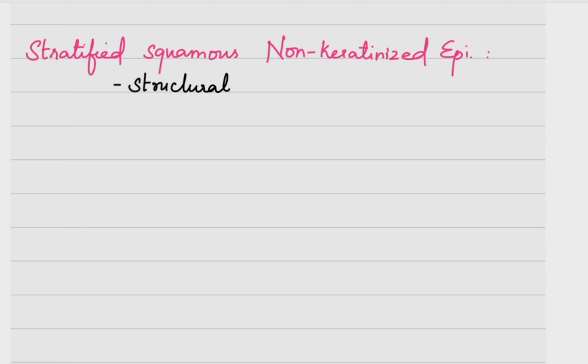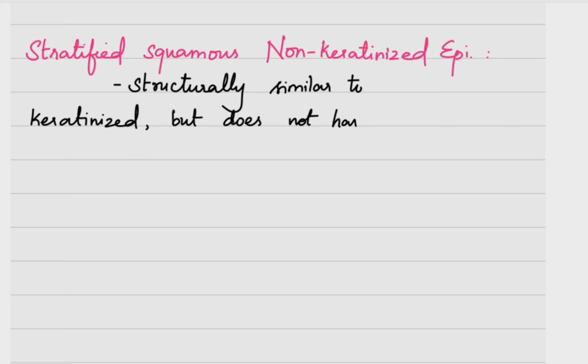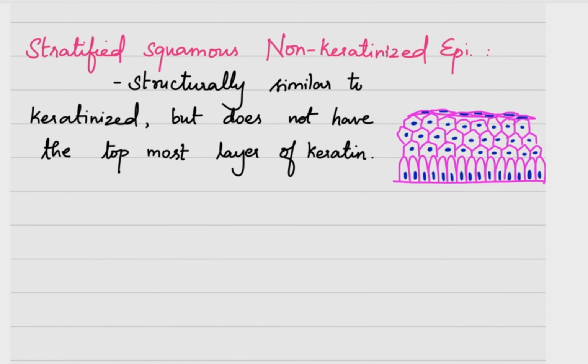Then stratified squamous non-keratinized epithelium. It is structurally similar to the stratified squamous epithelium, but the only difference is that the topmost layer of keratin, that is the dead cell layer, is absent in this type of epithelium. So this is the diagram for stratified squamous non-keratinized.